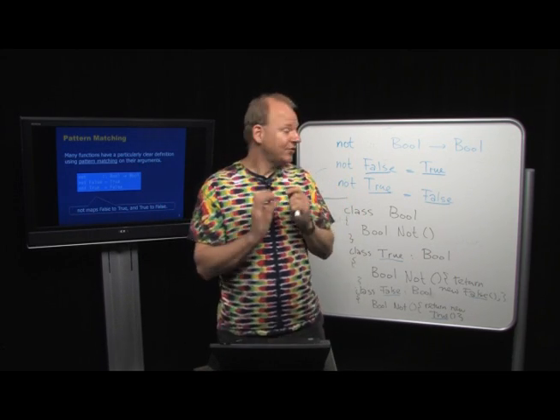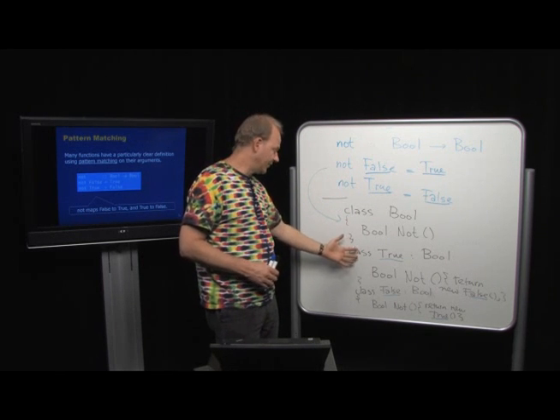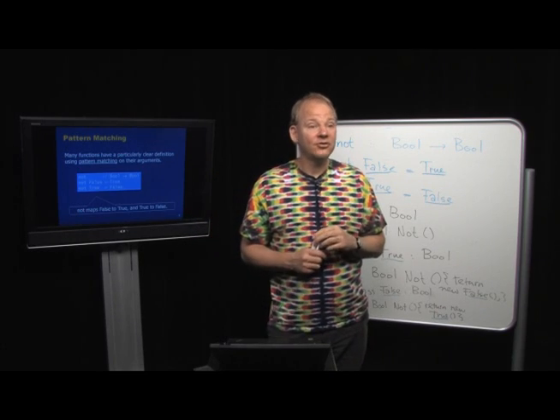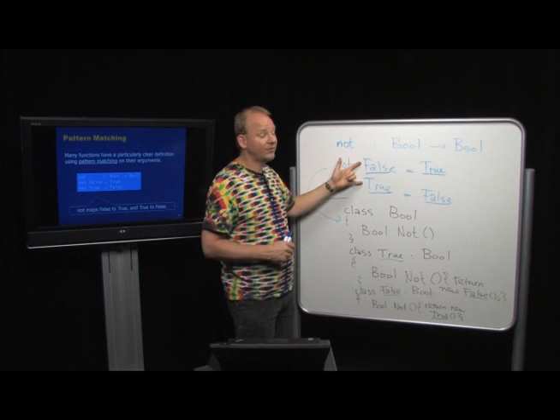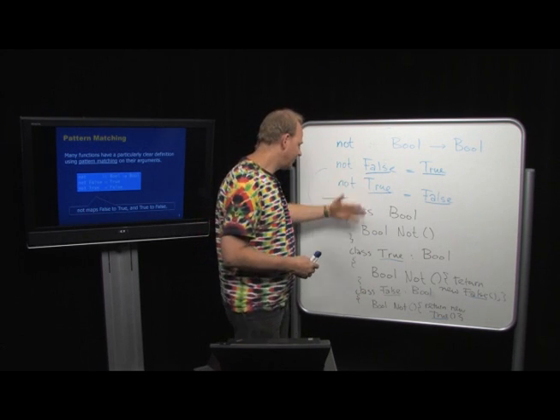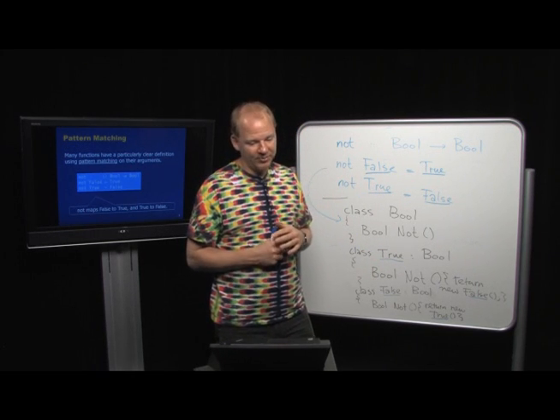But again, the lesson here is pattern matching is just another way of doing dynamic dispatch. Also, a downside of pattern matching is that you're really exposing the structure of your types. Whereas with dynamic dispatch, you can hide that a little bit better.